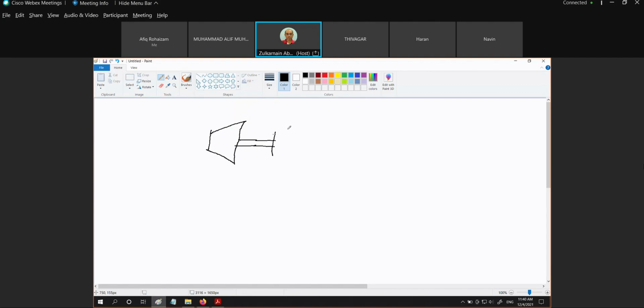This actually eases the design of the turbine. We can use a smaller turbine to have the same power output as one big turbine. So this is what we looked at yesterday.